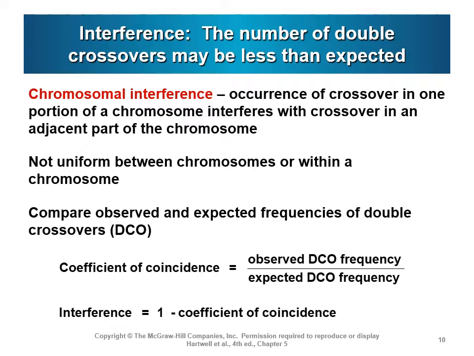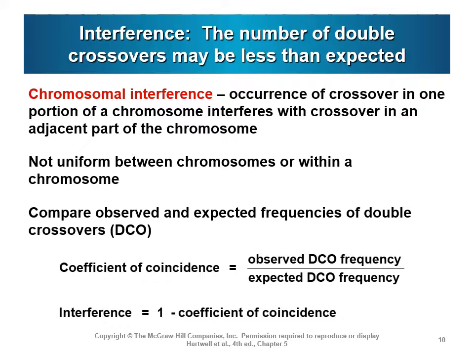And there is also non-uniformity between chromosomes or within a chromosome caused by this chromosomal interference. We can compare observed and expected frequencies of double crossovers and introduce a new measurement, which is the coefficient of coincidence.